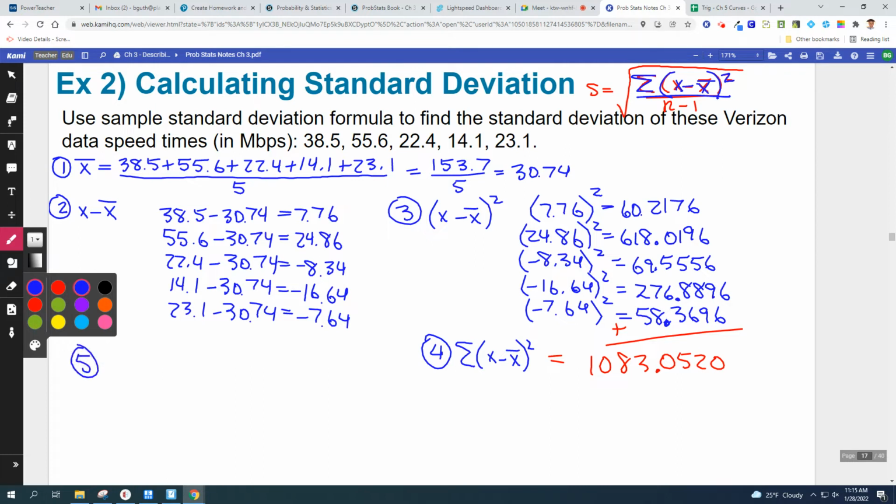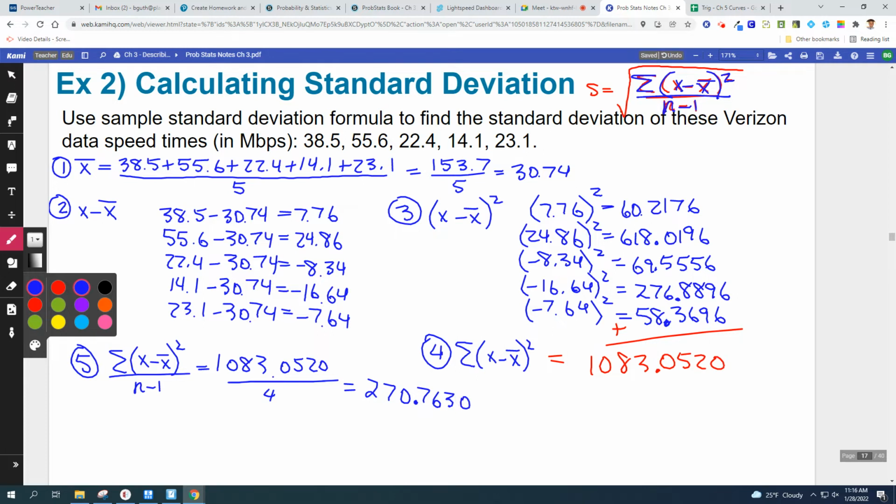Step 5, we've got the sigma of x minus x bar squared, and now we divide by n minus 1, that's 1083.0520 divided by 4. And that's 270.7630. So I just divided by n minus 1.